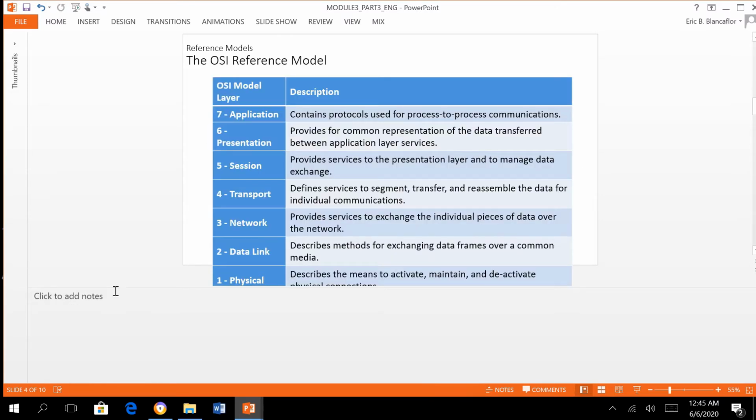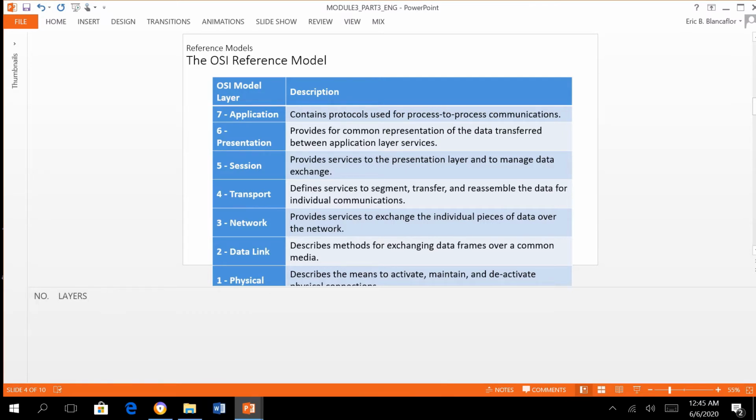So now we'll cover the OSI. I have notes here at the bottom. In the OSI, there are 7 layers. These layers have numbers, and you have to be very familiar with the numbers.